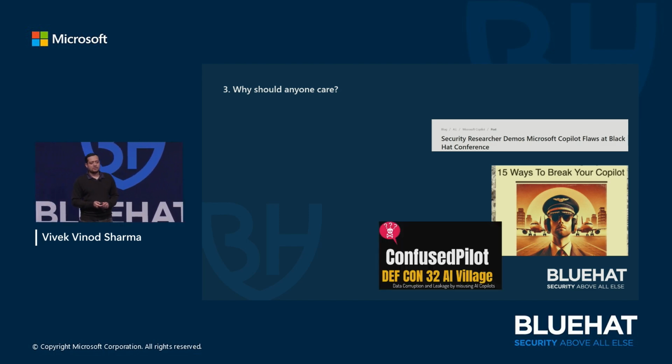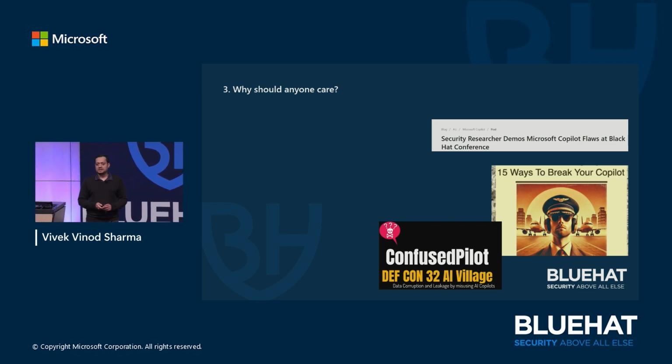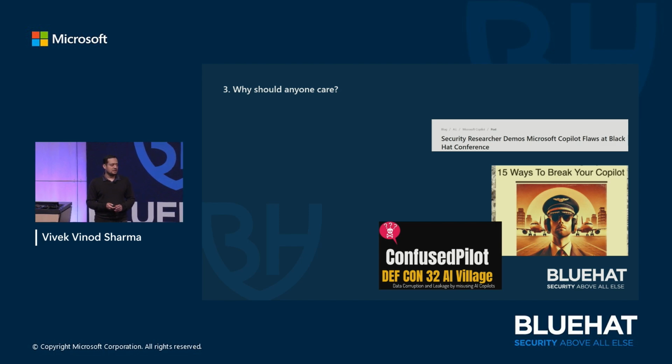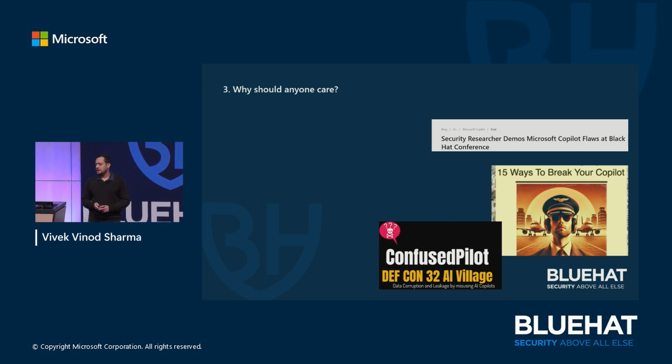There was another talk at DEF CON around confused Copilot. They were focusing again on data poisoning and how an insider within a company that has access to this enterprise data, enterprise context, can easily result in contentious results and make an LLM generate outputs that won't be in line with its safety alignment and safety training.